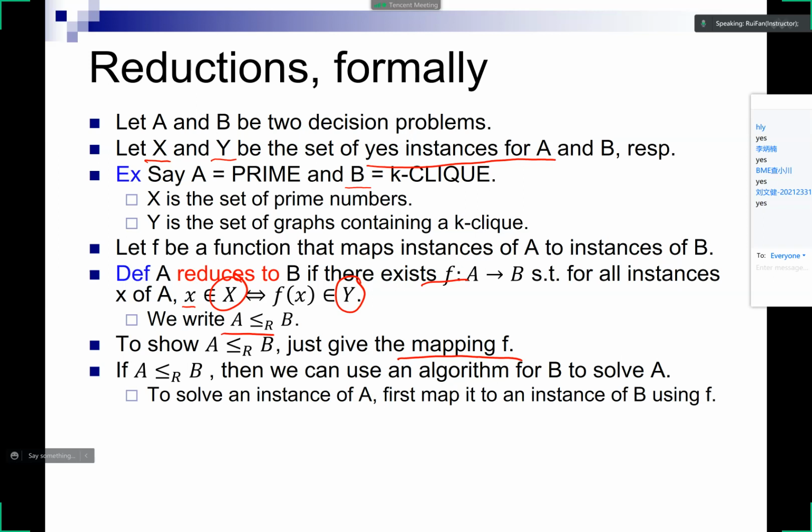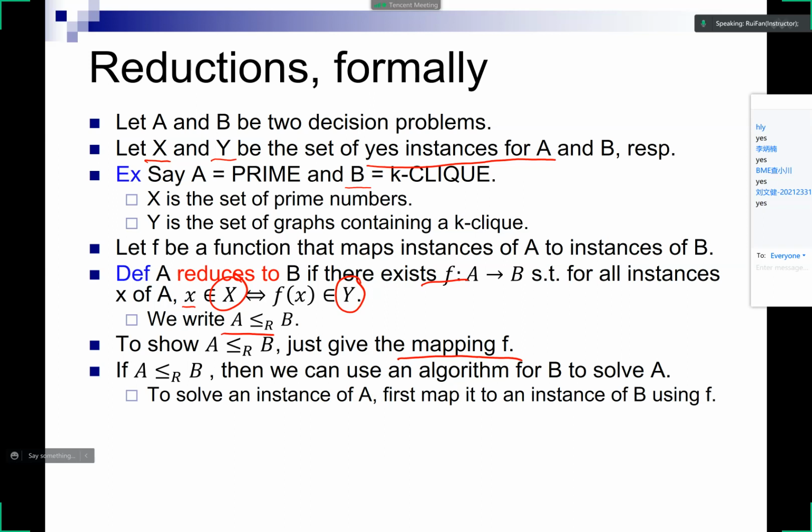Now we can say that if A does reduce to B, then if you have an algorithm for B, you can use it to solve A. That was our intuition for what it means for A to be easier than B: if you can solve B, then you can solve A. Now we can show this property formally.